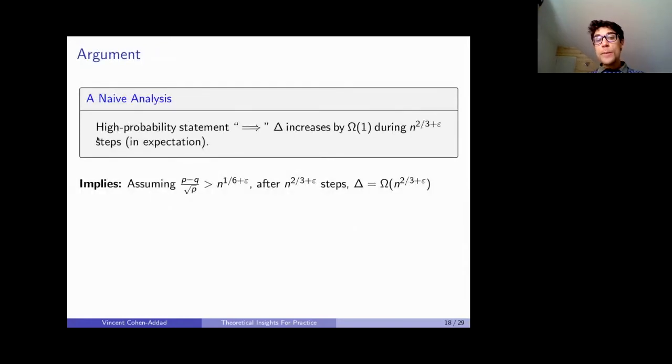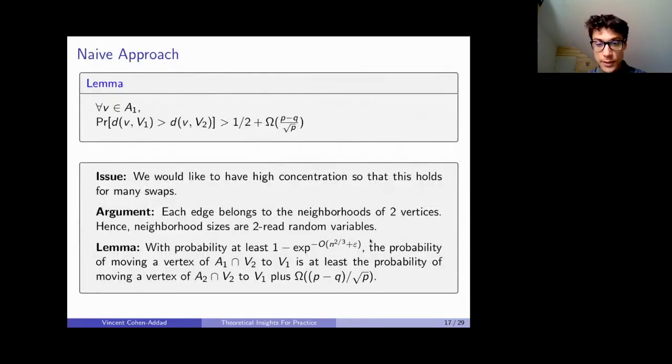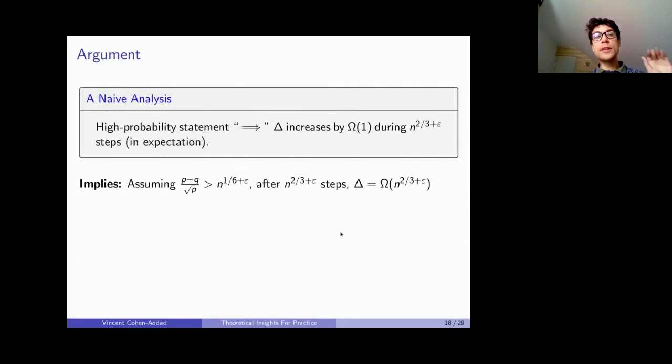So this high probability statement, there is a way to translate it into: I can repeat this argument during n to the 2/3 steps. Okay, so this n to the 2/3 that I have in the exponent, I can say this statement is going to be true for n to the 2/3 steps. For n to the 2/3 steps, I have this 1/2 plus epsilon probability of making the right move.